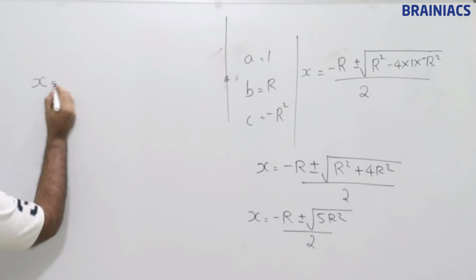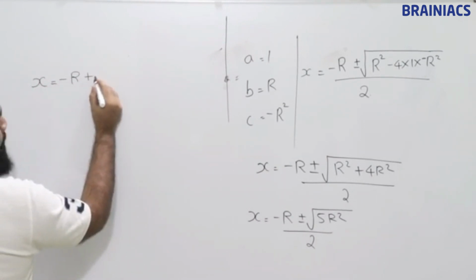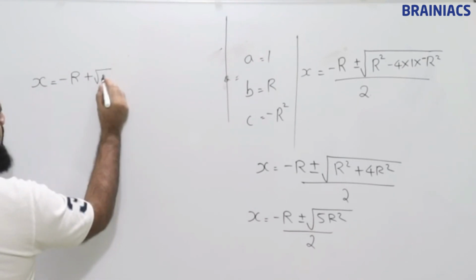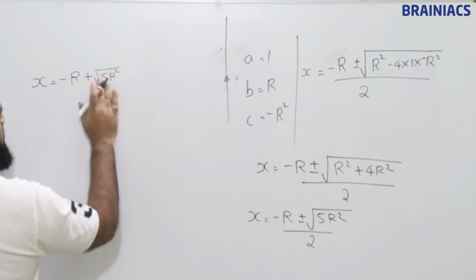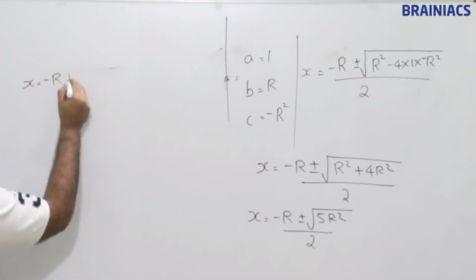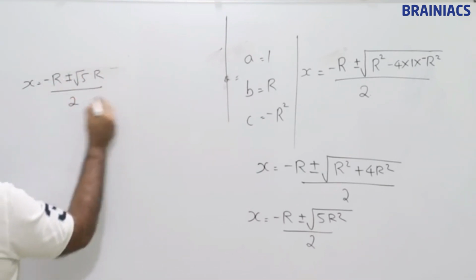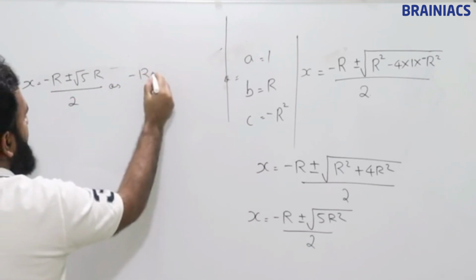So X is equal to minus R plus or minus root 5R square. So we will simplify. X is equal to minus R plus or minus root 5 R divided by 2.